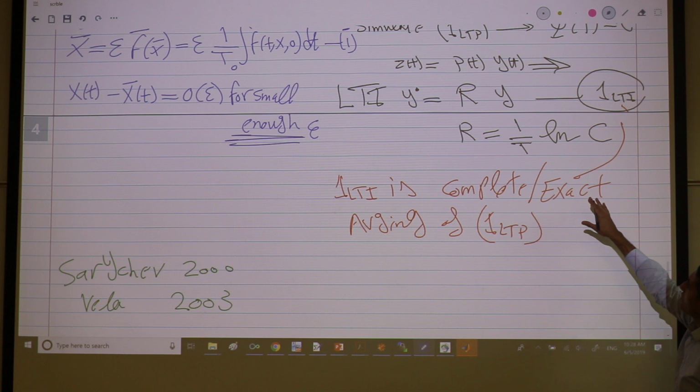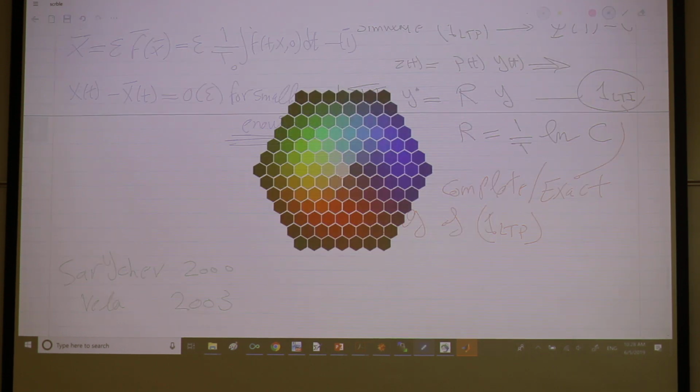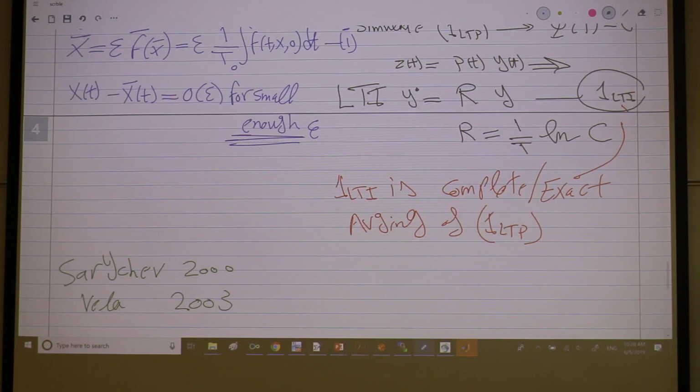Well, what was the unique aspect of this LTI that made it possible? The unique aspect was, if you remember, that the flow along this R, the flow along R for time t, this vector field Ry, matches the flow along A of t z for the same time.